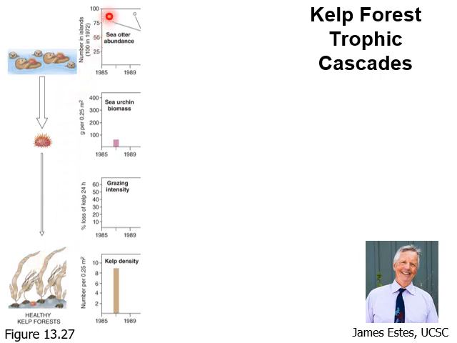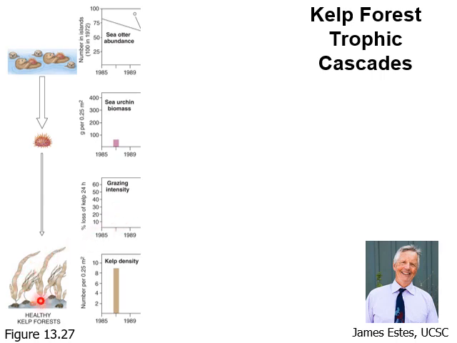When you have large amounts of sea otters in an area, like you see in this picture, you find that sea urchin biomass is very little, because sea otters eat tons and tons of urchins. As a result, the grazing intensity, meaning how many urchins there are eating things, is much lower.